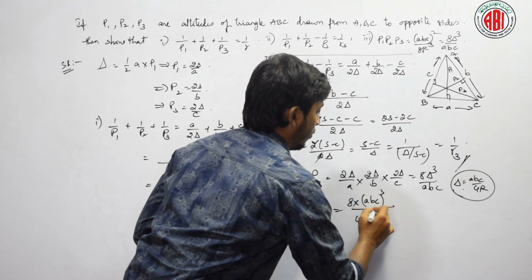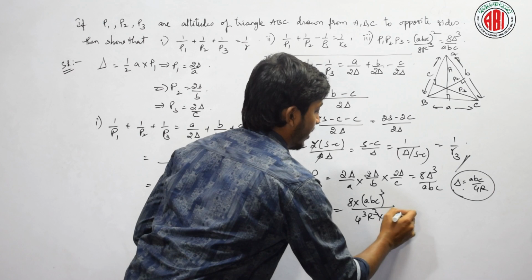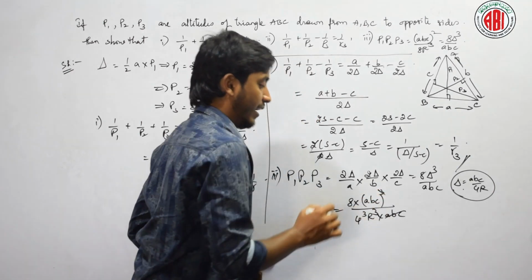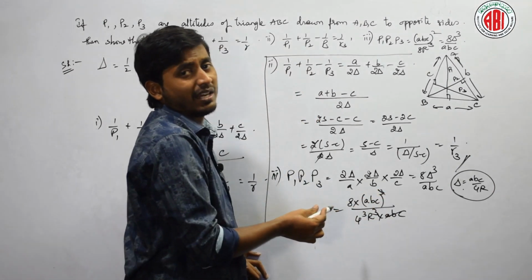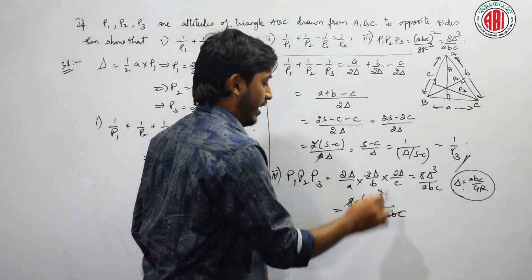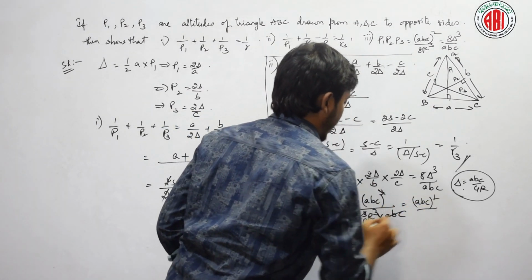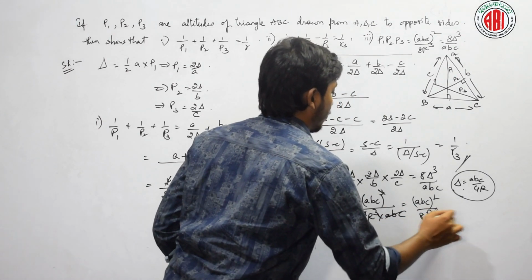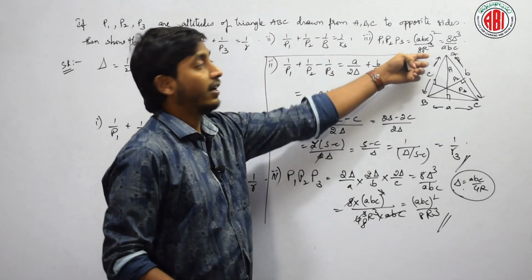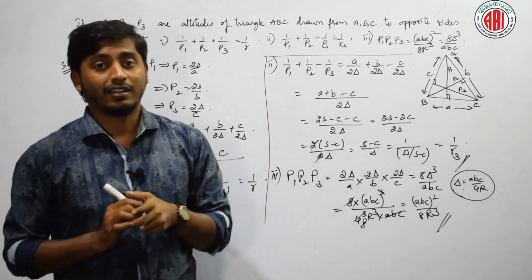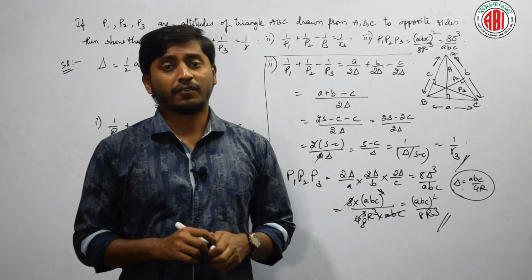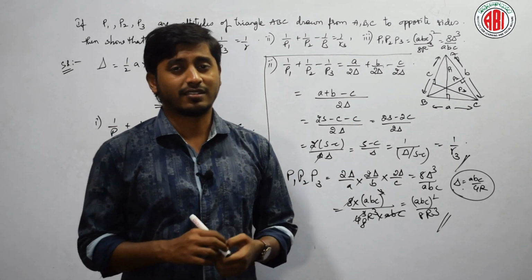Already there is one ABC term, so one ABC will get cancelled. 4 cube is nothing but 64, 8 ones are 8, eights are, that is ABC whole square by 8R cube. Is it right? Did you understand?